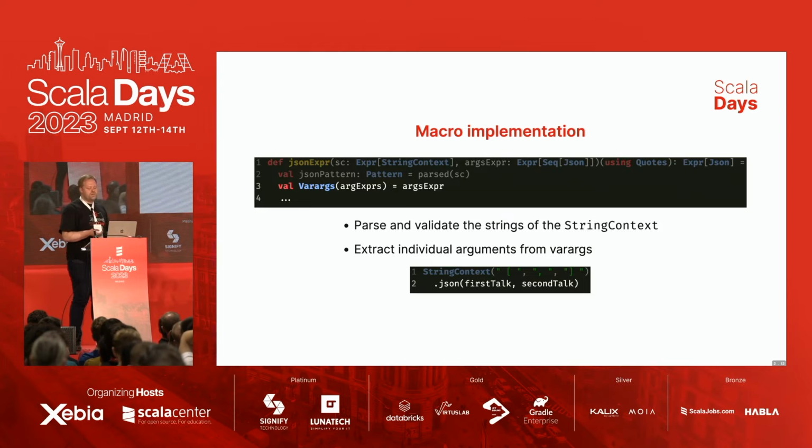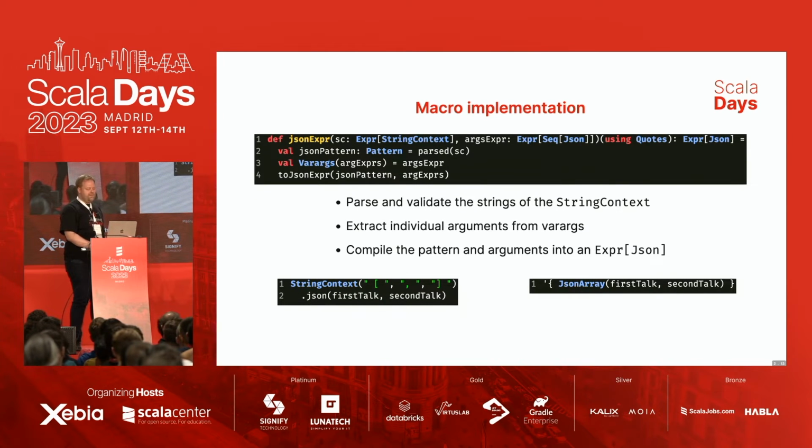But usually we should write args match and then the case Varargs, and handle the case where the user didn't pass it explicitly, for example, if they use unpacking. But because we are assuming that they wrote the string interpolator explicitly and not a string context, this should always work.